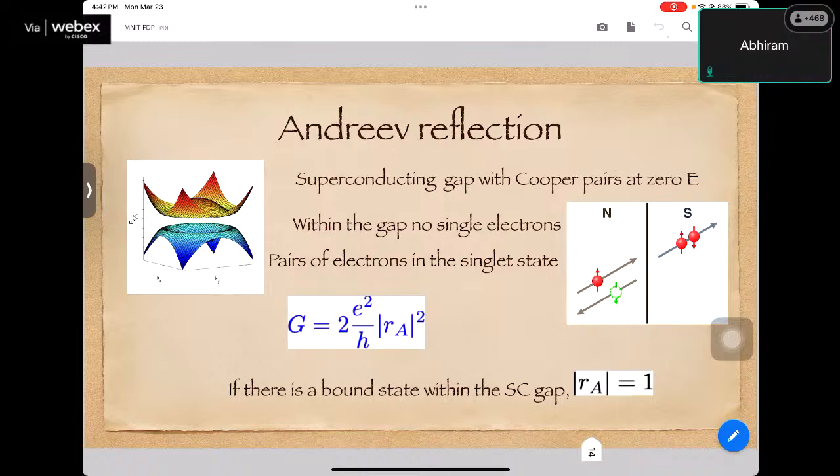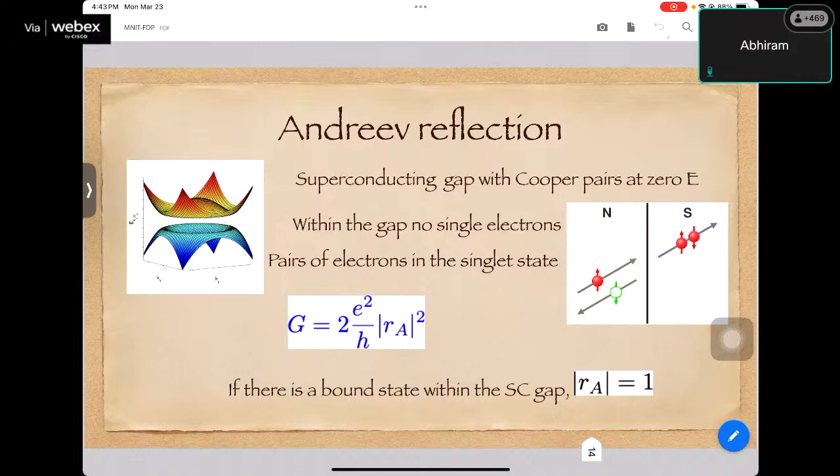Okay, so now let us consider a junction between a normal metal and a superconductor, and you are sending an electron in the normal metal, let us say. So you're sending an electron in the normal metal onto the interface, the normal metal superconductor interface. Then because of Cooper pairs in the superconductor, and there are no single electron excitations in the superconductor within the gap, Cooper pairs go into the superconductor, and whatever reflects back is a hole.